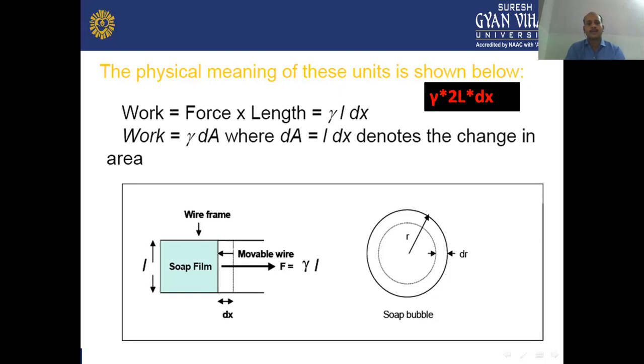When we hang a mass on the soap film, the film shows a displacement from its original position, which can be denoted in terms of dx. So work equals gamma dA, where dA equals L dx and denotes the change in area.